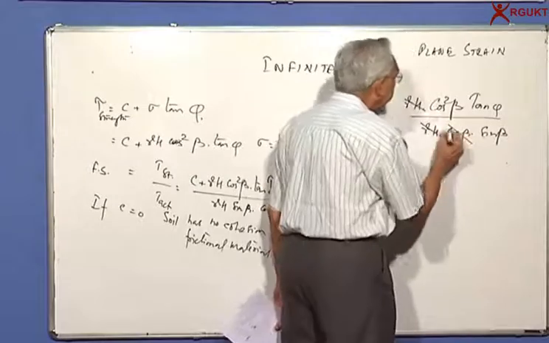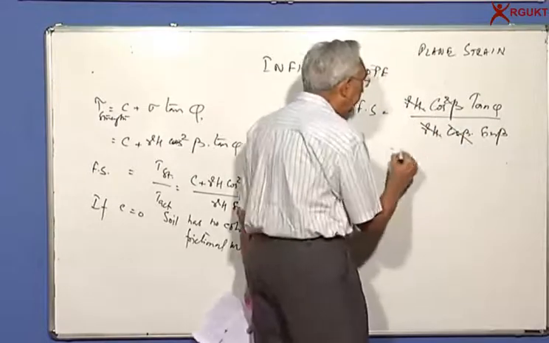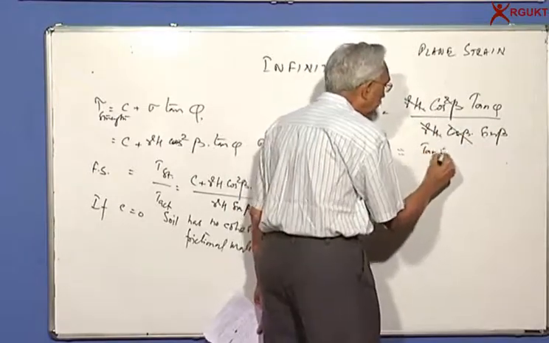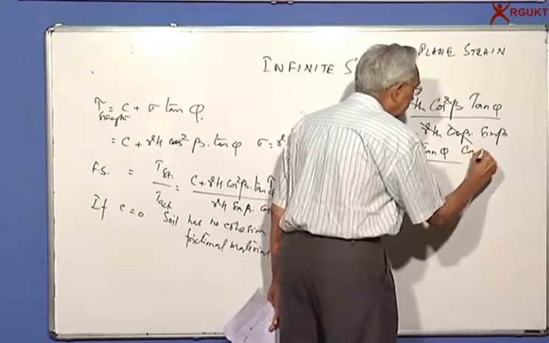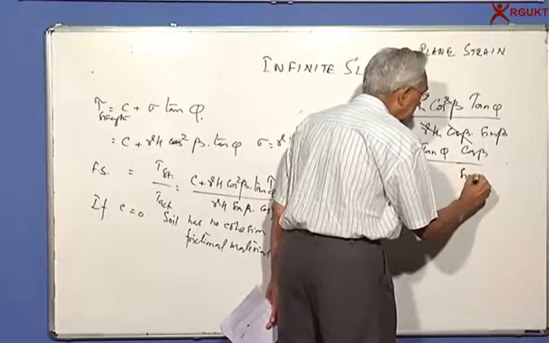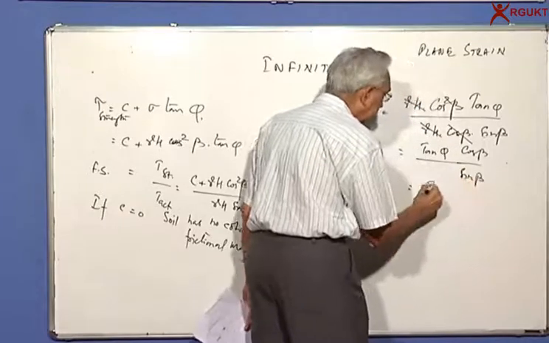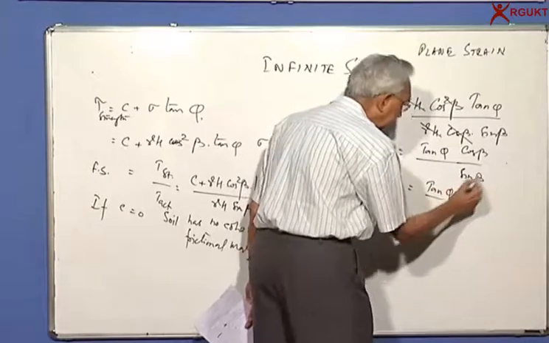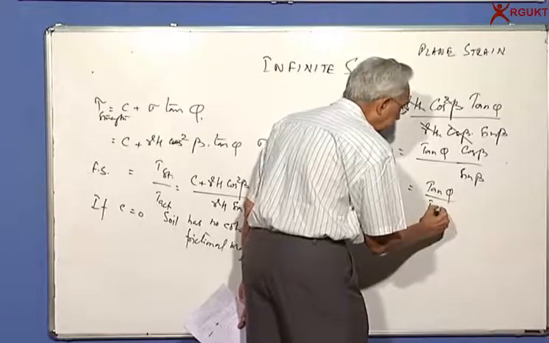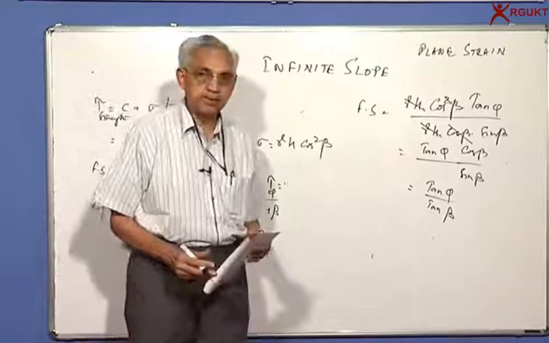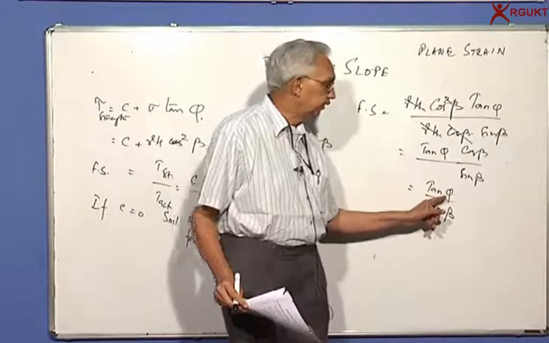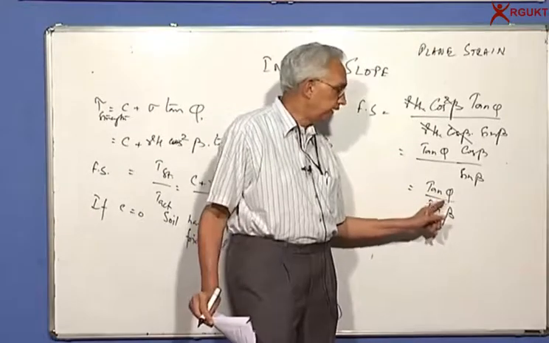There is one cos beta, you cancel it. You will get tan phi divided by sine beta over cos beta, which we can write as tan beta. Very simple expression.